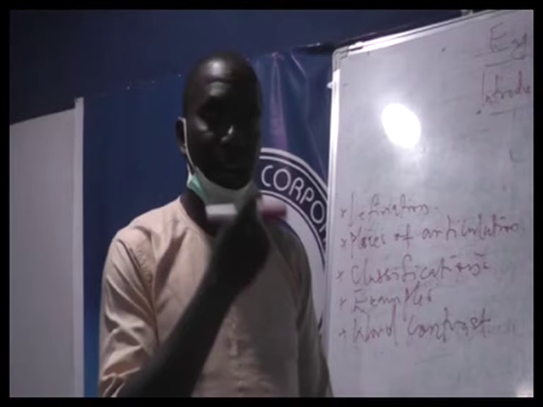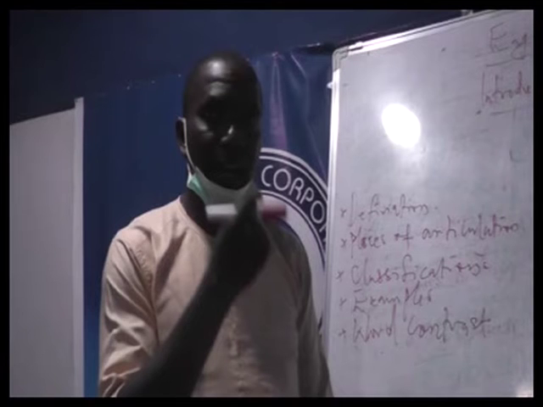Now, these 6 sounds under stop or plosive, you discover that the first two here have the same places of articulation. They have the same place you use in producing them. Now, how do you differentiate the two?